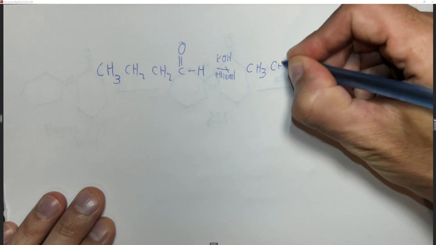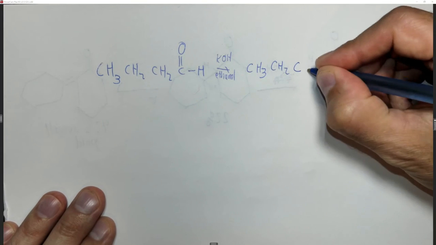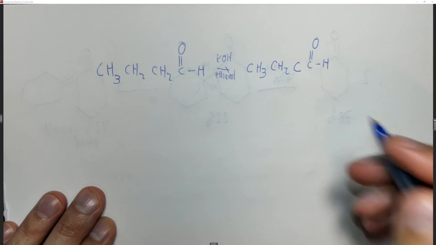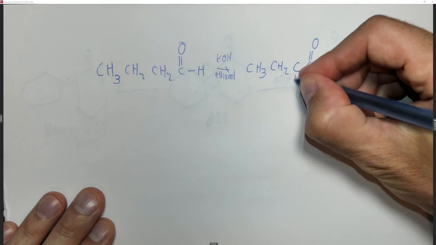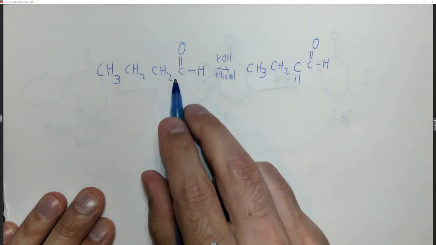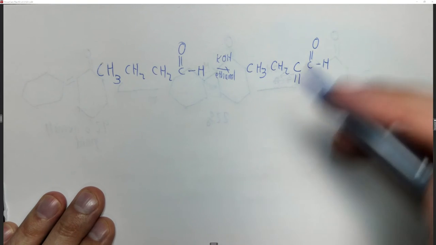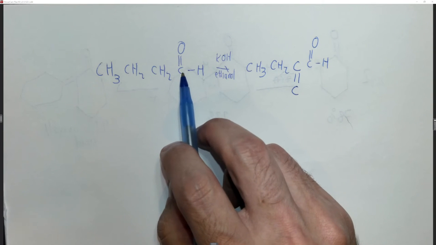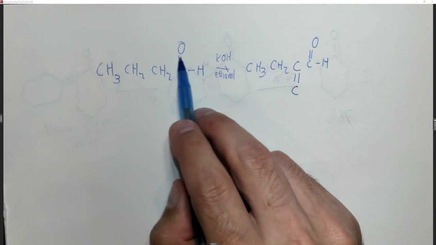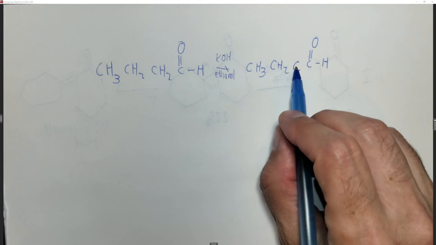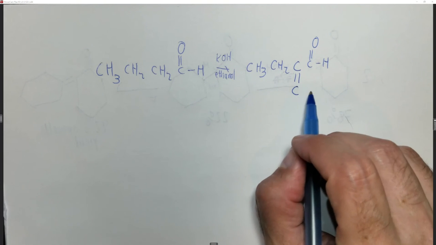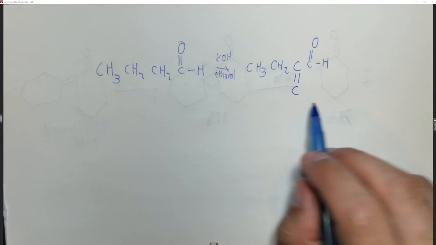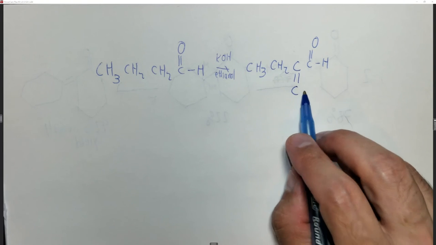CH3, CH2, C, C double bond O, bond H. Now, this is going to be double bonded to this carbon. And this carbon, after the dehydration, is going to lose this OH. Before, we had 1 hydrogen lost here, and we got an OH over here. But then in the subsequent step, that second hydrogen is lost, and the OH is lost.